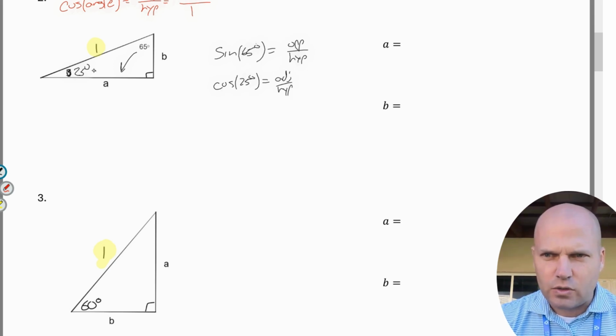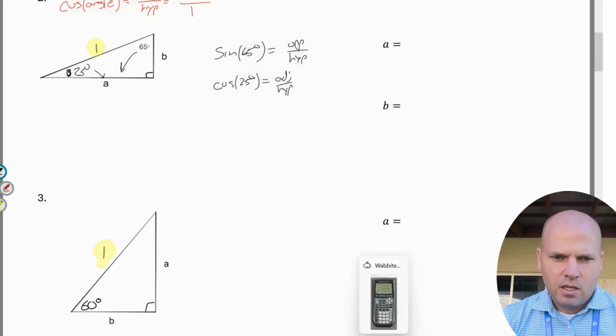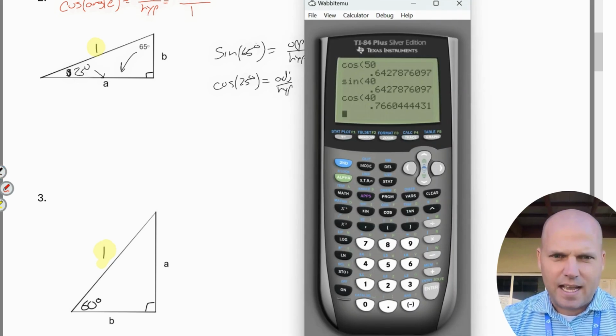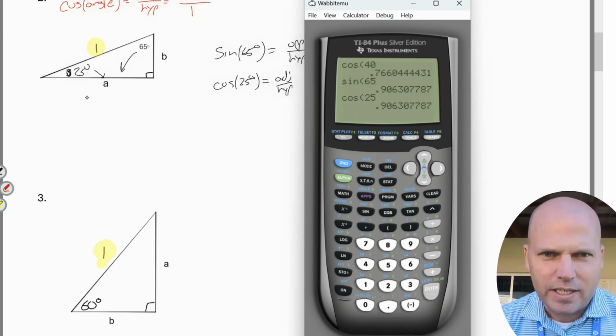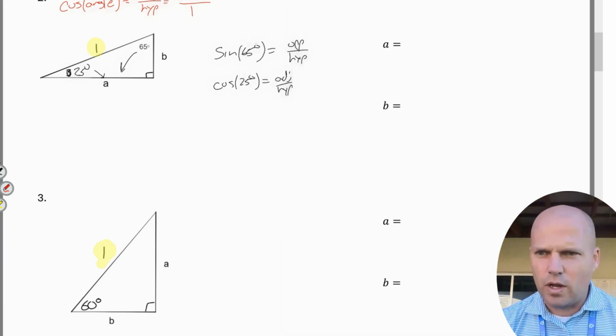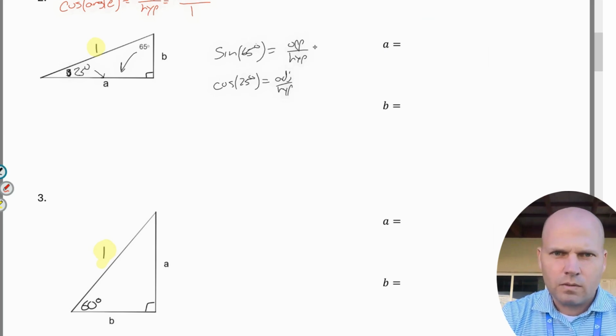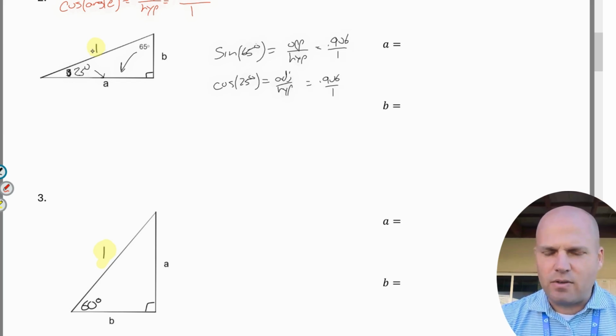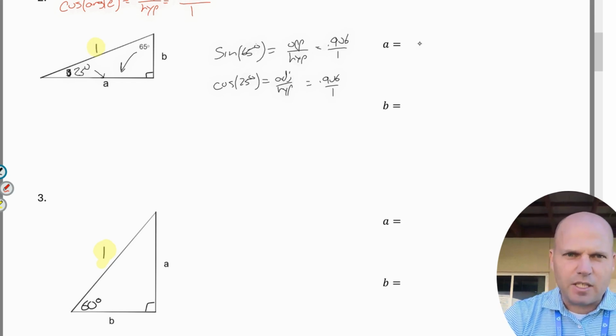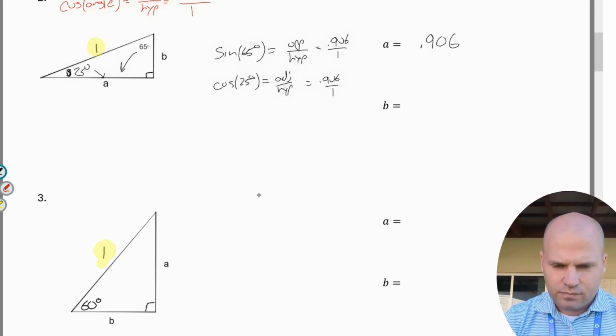Well, we're referring to this length A. So I could type in the sine of 65 or the cosine of 25, and I get 0.906 over 1. Well, I already have the hypotenuse as 1, so we're good. So A must be 0.906.